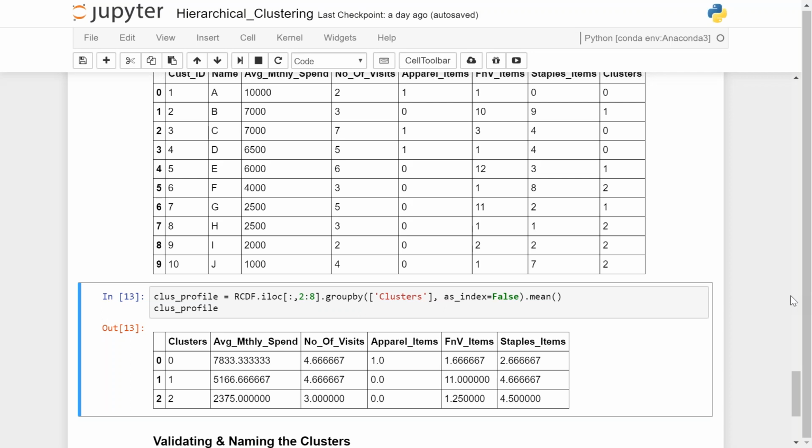From the data, there are 3 customers in cluster 0, 3 in cluster 1 and 4 in cluster 2. That additional attribute is not a defining characteristic, but the proportion of population in each cluster.